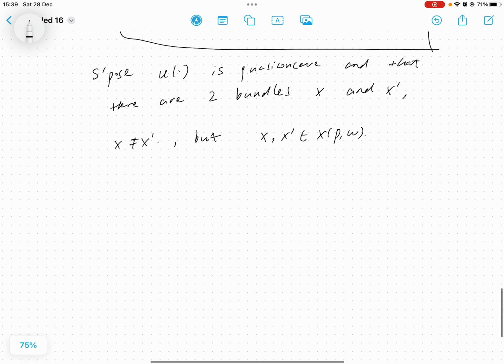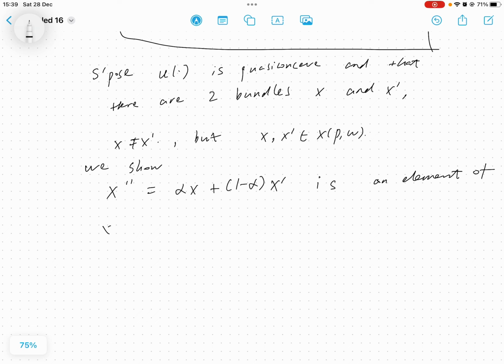So to prove this result, we're going to show that some convex combination of x and x prime is an element of the solution set X. All right.